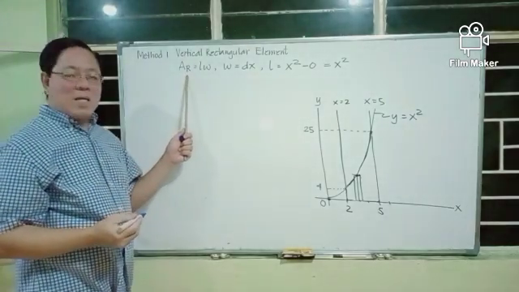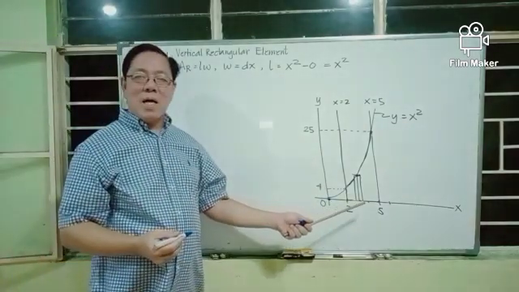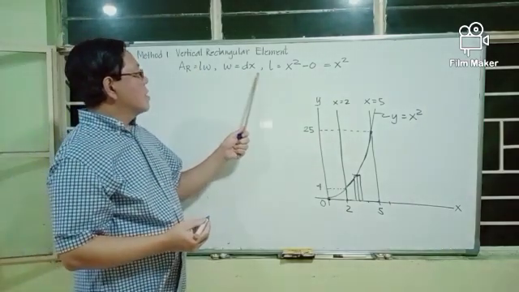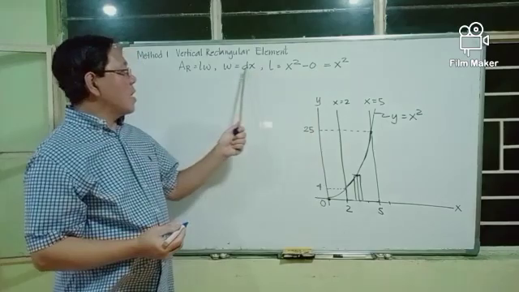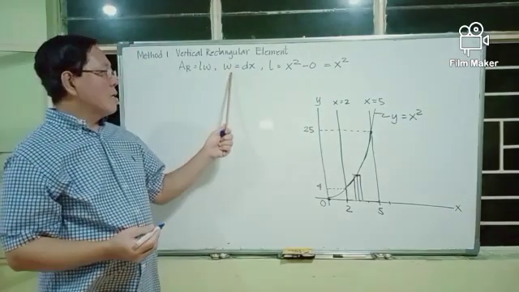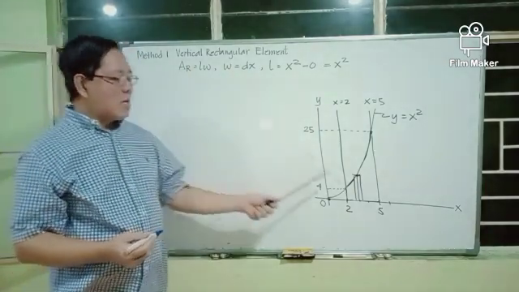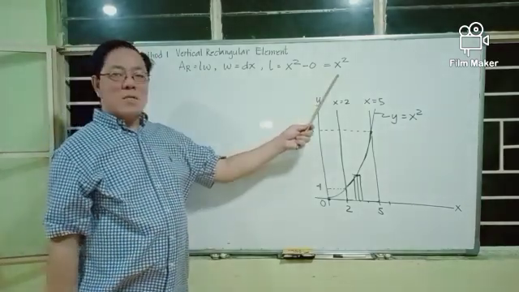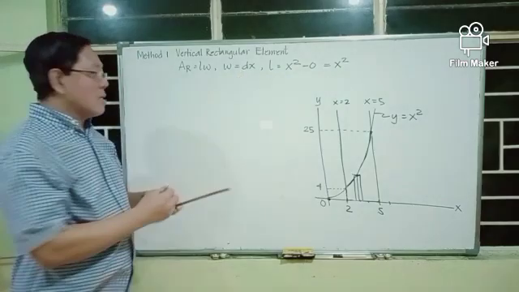And the area of this rectangular element is now length multiplied by width. The length is x squared multiplied by dx, the width. Area of this rectangular element is length multiplied by width, x squared multiplied by dx.